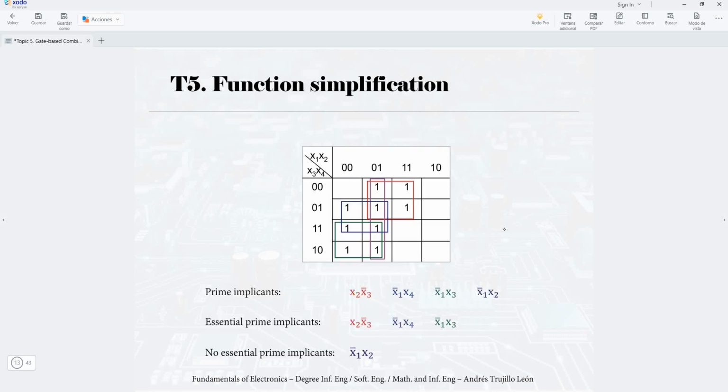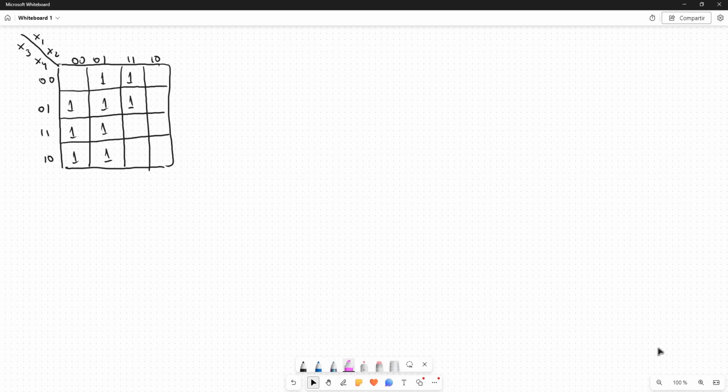For example, here I'm going to copy this Karnaugh map to work with it because we have a lot of things here. Just give me one moment. So here we have the Karnaugh map of the previous slide, and we are going to look for the prime implicants. Remember, the largest possible allowed group of ones. So if I look at the bottom part of the Karnaugh map, I can find this one, for example. I'm going to use a different color now.